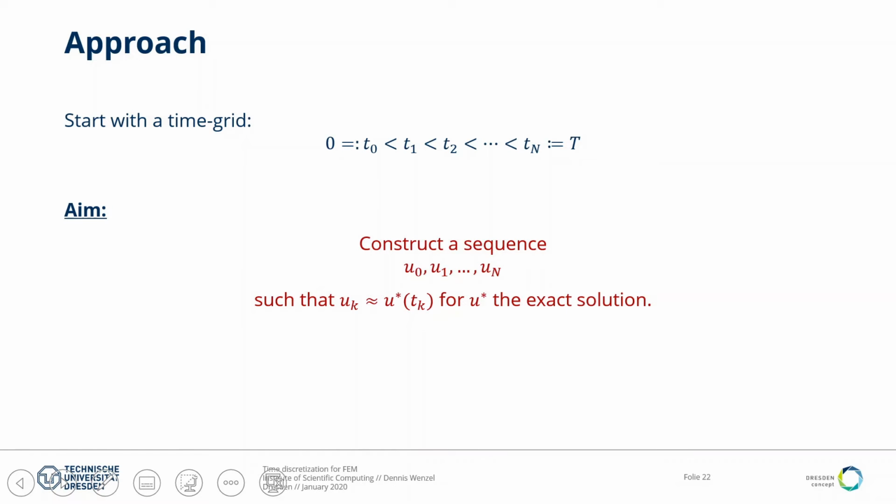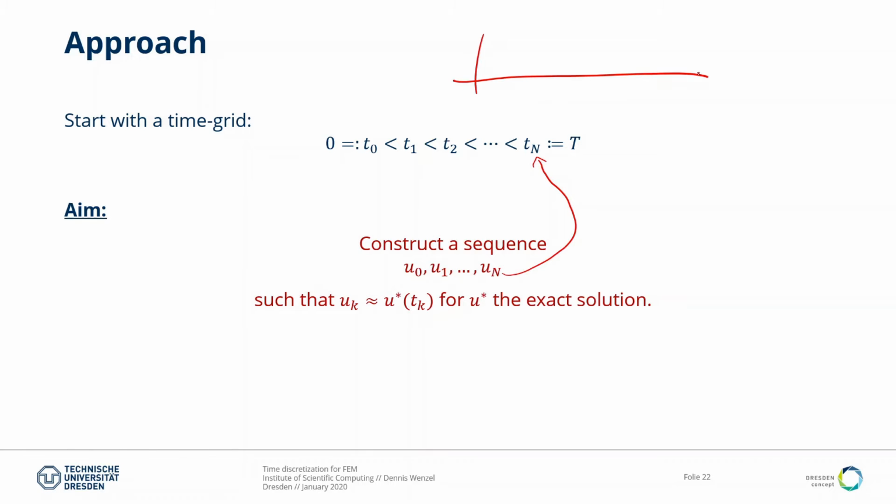And the aim of any time discretization method now is to construct a sequence u0 up to un, where this n is the number of time steps, such that the sequence approximates your exact solution, so that every one of those values, u0 until un, is an approximation to your exact solution at the corresponding time point. Okay, this is pretty straightforward.